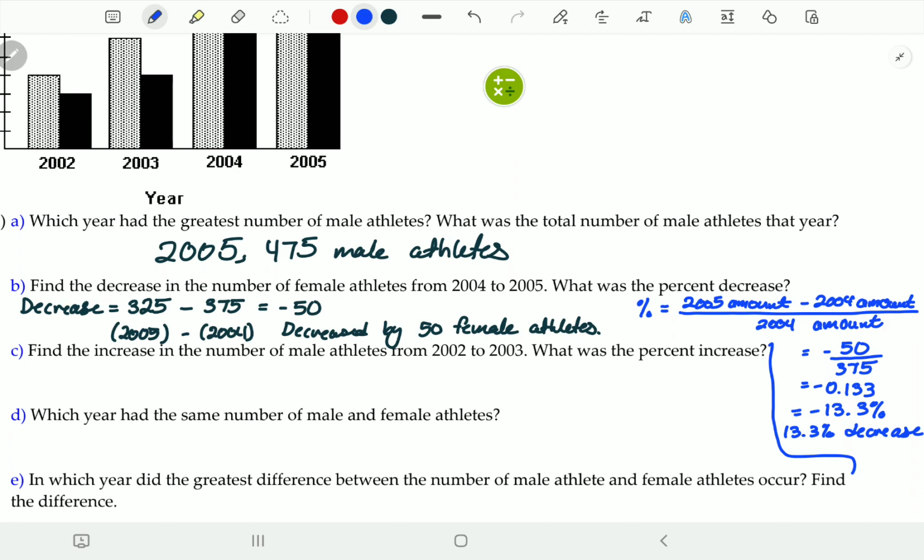Let's enter question C in the same regard. Find the increase in the number of male athletes from 2002 to 2003. What is the percent increase? To find the increase, it will be equal to the 2003 number of male students minus the 2002 number of male students.